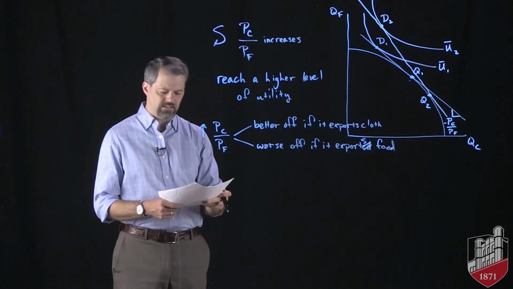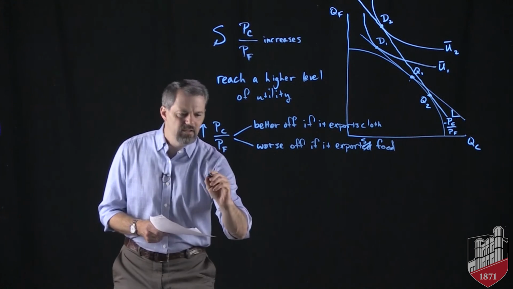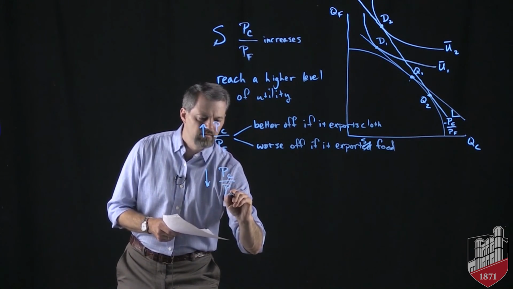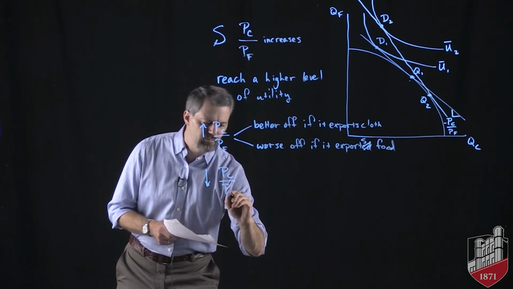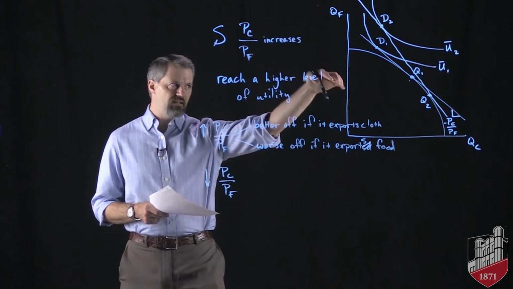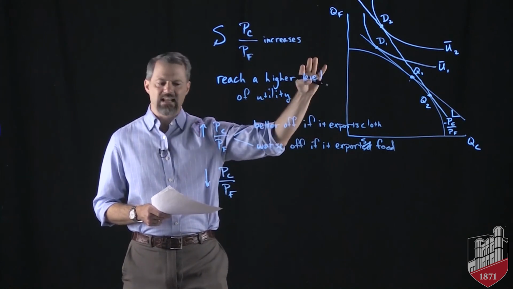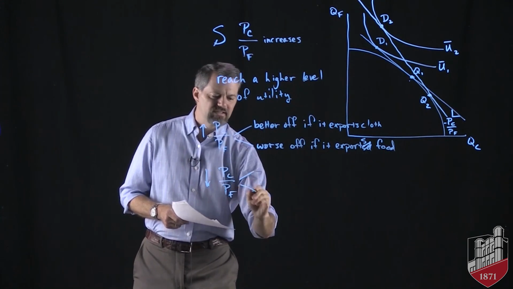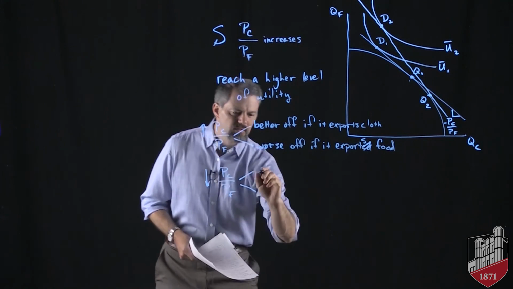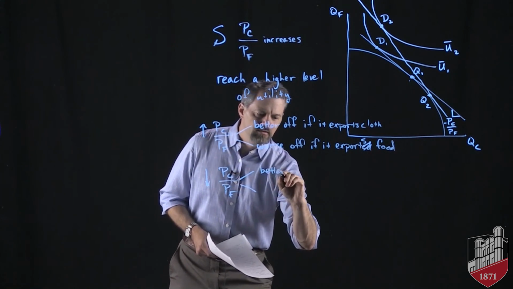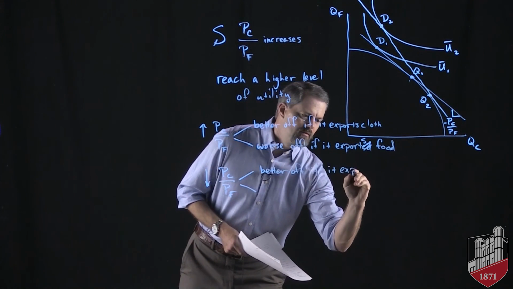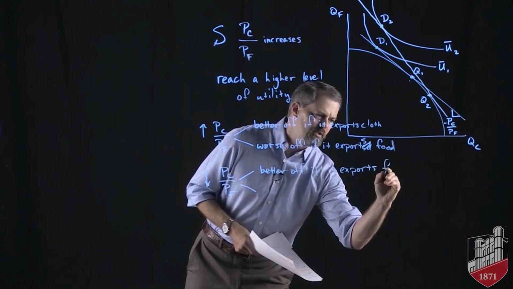Not surprisingly, if we had a decrease in the relative price of cloth, so if instead of that line getting steeper, it got flatter, then what we would see is this country is better off if it exports food.